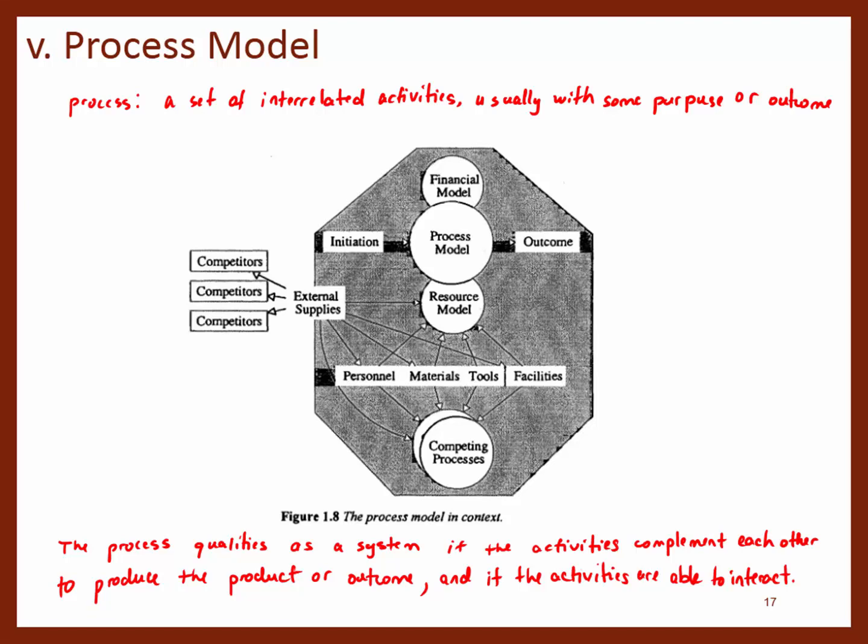A system can be a process. A process qualifies as a system if the activities complement each other to produce the output, and if the activities are able to interact.